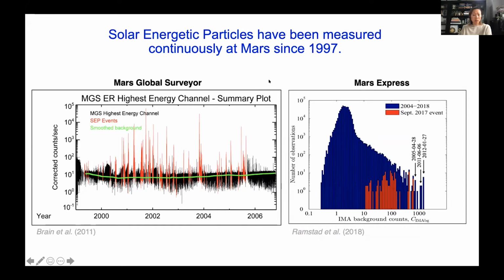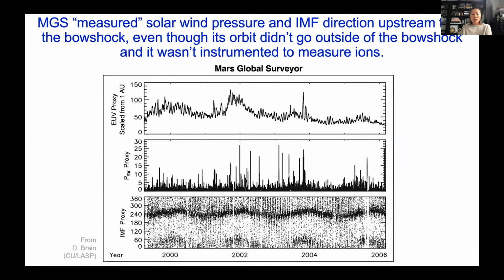These missions measure SEPs as penetrating background counts, so not direct measurements, but nevertheless, these are measurements that we have in hand. And of course, Mars Global Surveyor doesn't directly measure the IMF or dynamic pressure, but there are proxy measurements from this mission. So we have these observations that started from 1997.